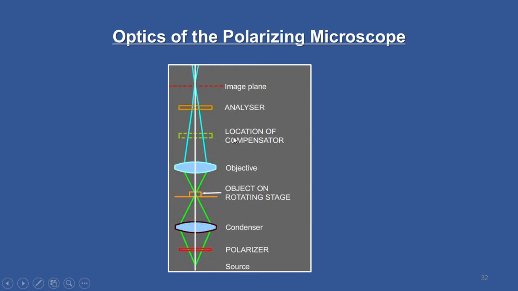So, this is the optical scheme for the polarizing microscope. You have a light source, and you have a polarizer. It could be whatever we have just mentioned in the slide, any material which can do this polarizing job.